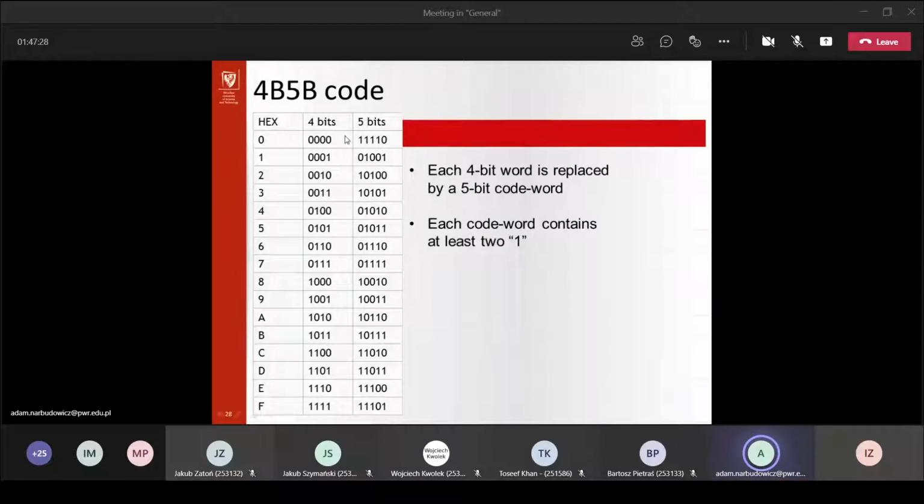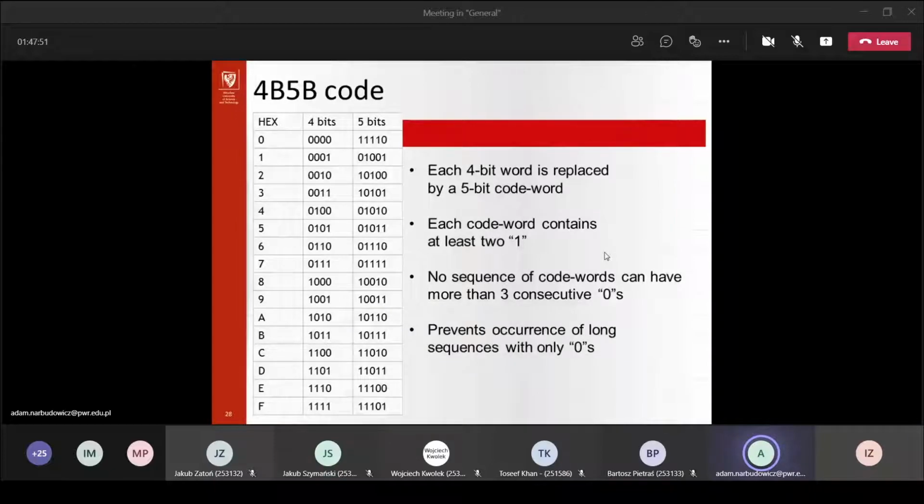So how this code was designed is, firstly, each code word contains at least 2 ones. Okay, and you can see that there is no code word with less than 2 ones. Then there's no sequence of code words that can have more than 3 consecutive zeros. And then it prevents occurrence of long sequences with only zeros, right?